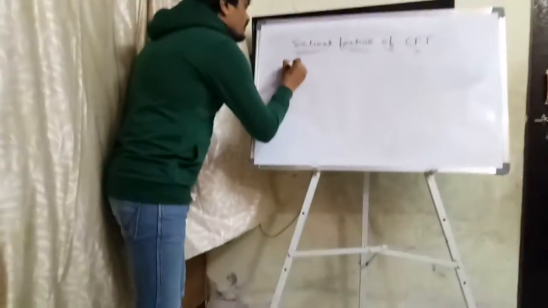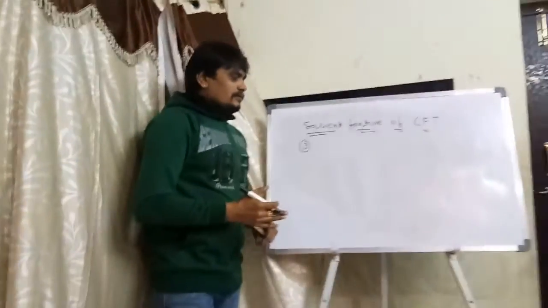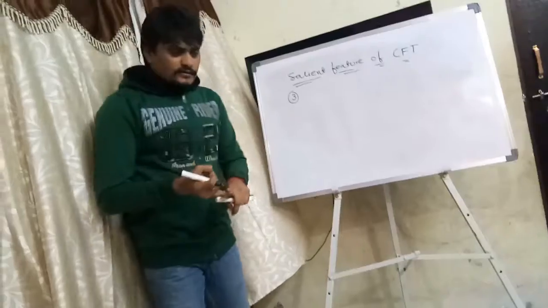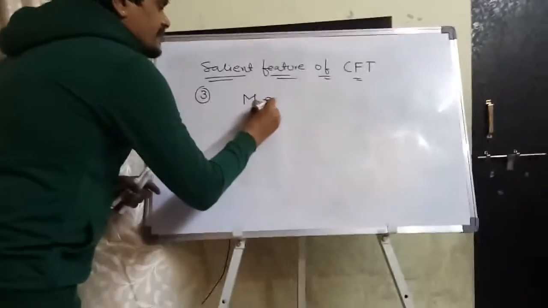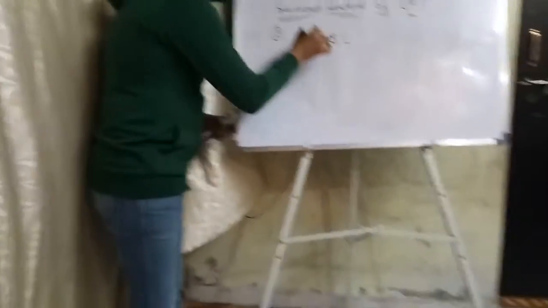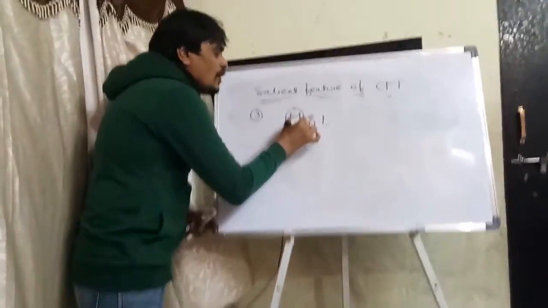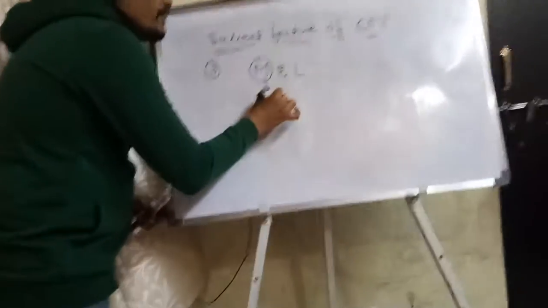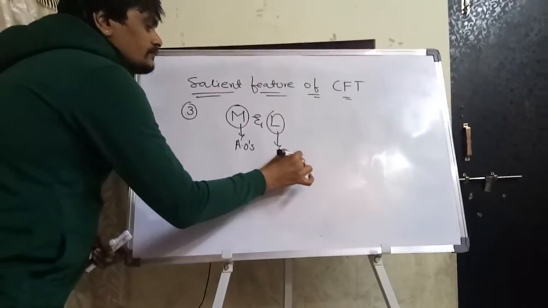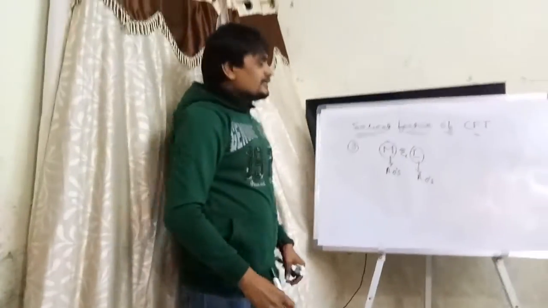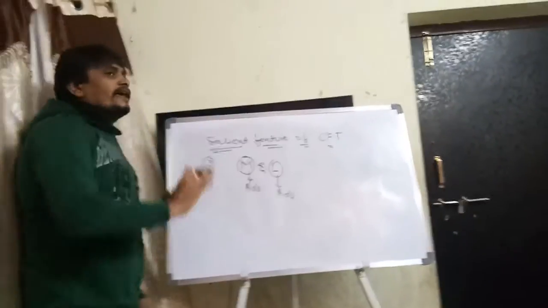Now, the third salient feature, which is very important: during the formation of the complex between the metal and the ligand, there won't be any overlapping or combination of atomic orbitals of the metal with atomic orbitals of the ligand.